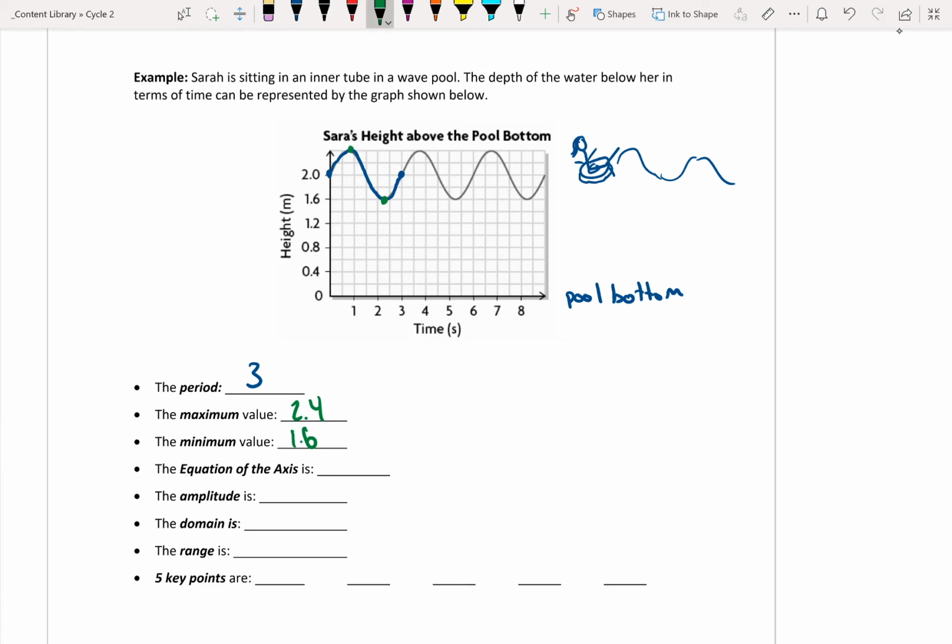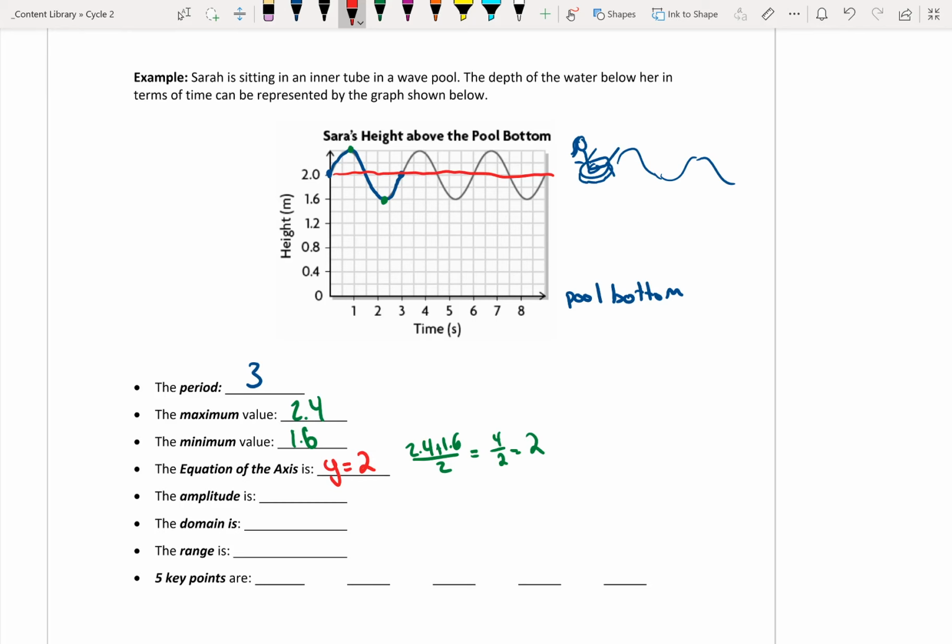The equation of the axis is the midline, so I could do it one of two ways. I could do 2.4 plus 1.6 divided by 2, which equals 4 over 2, which equals 2, or by looking at it, I should be able to see roughly where that midline is. So the equation of my axis will be y equals 2.